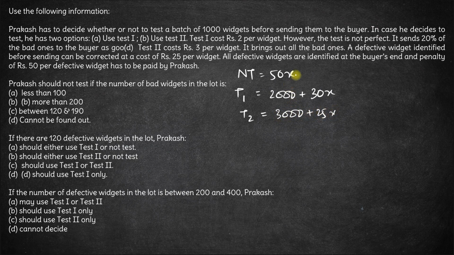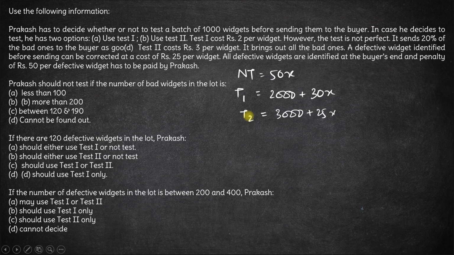Now we knew if the number of widgets were less than 100, then Prakash will not test because that will minimize his cost. Right. But if the number of widgets is more than 100, he should do some testing. So obviously for this, no test should not be an option. He should either use test 1 or test 2.